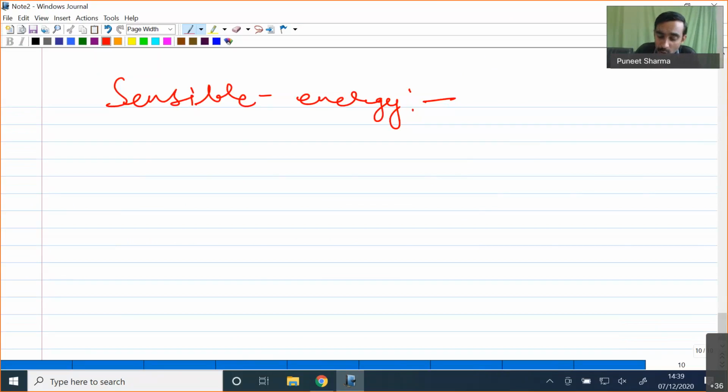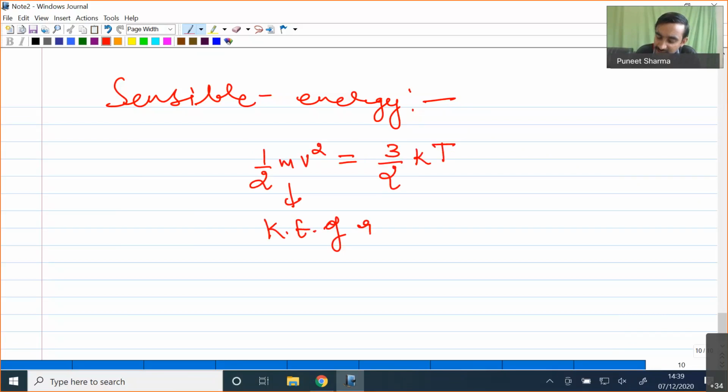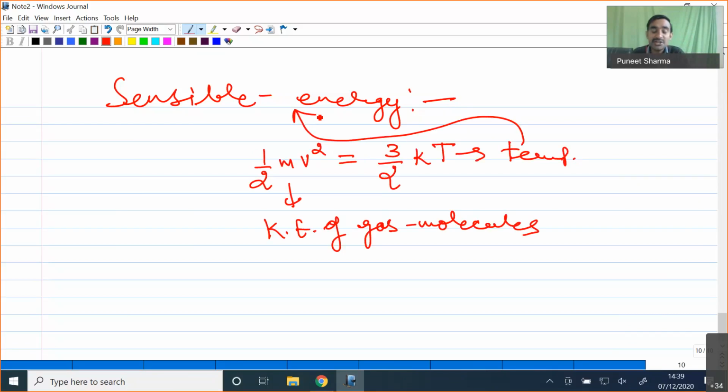Okay. Now we know from our kinetic theory of gases that the kinetic energy of a gas molecule is equal to 3 by 2 times k into T. So it means my kinetic energy of gas molecules is associated directly with the temperature field. And the temperature field is directly associated with the definition of sensible energy.